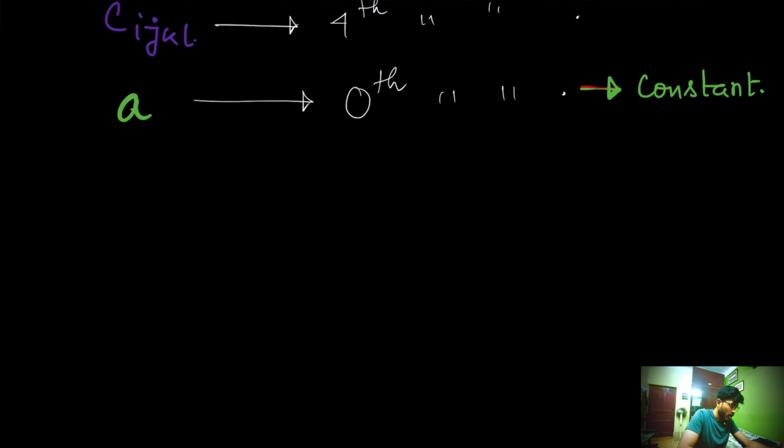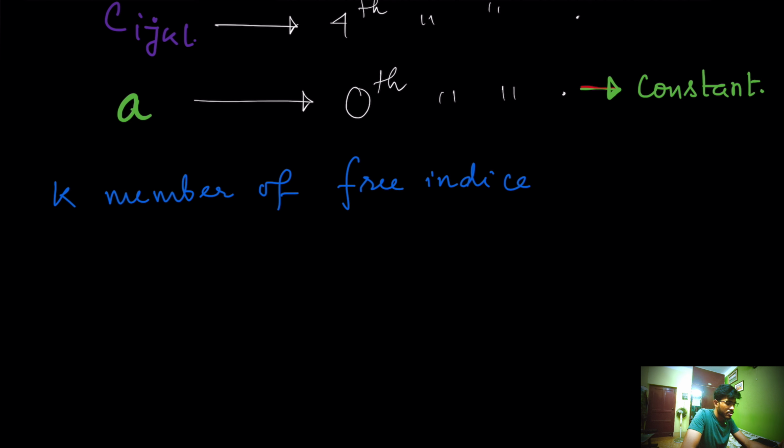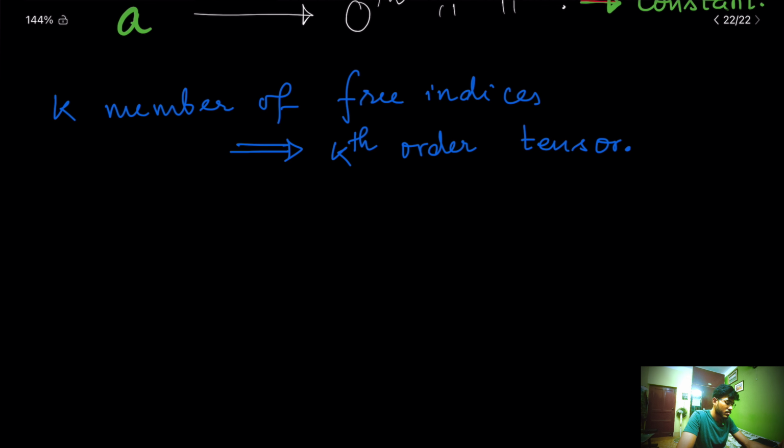So k number of free indices implies kth order tensor, and it is very important.